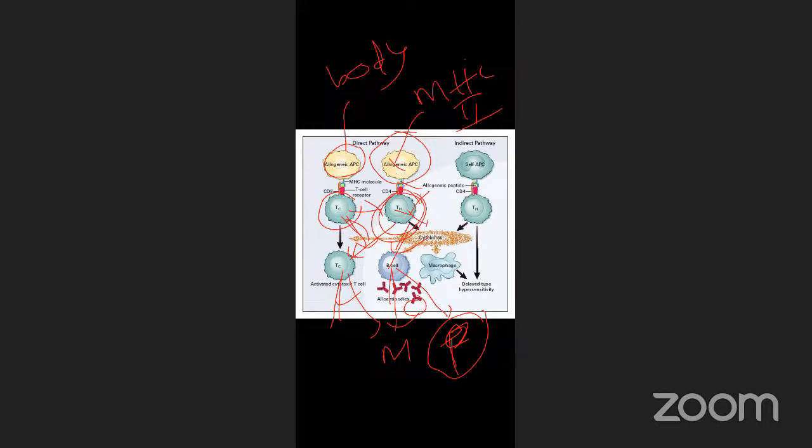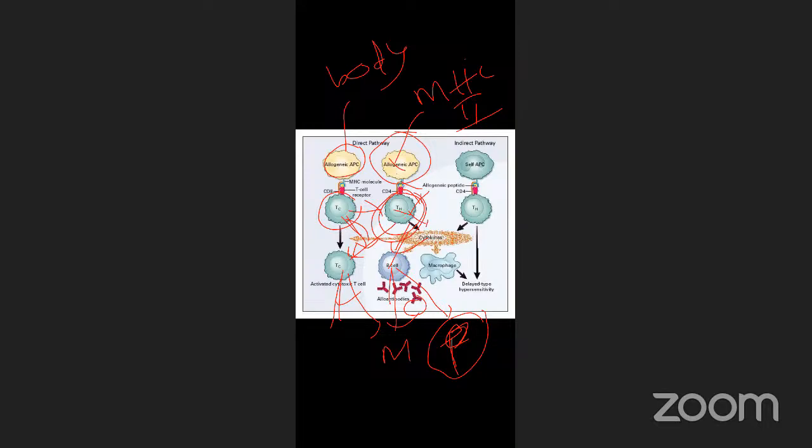Okay. This is one of the pathways we have talked about in cell mediated immunity and humoral immunity. If you learn about cell mediated immunity and humoral immunity, you can read everything in immunology in your book. That is very important. Humoral immunity, and another one, cell mediated immunity.